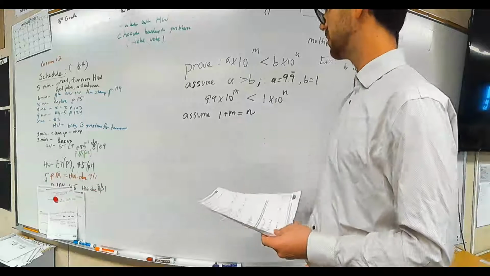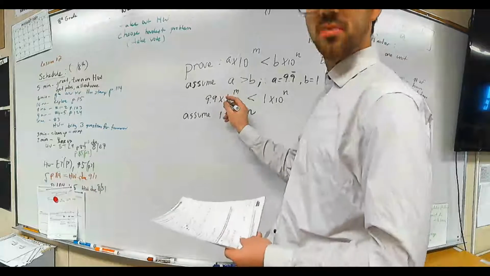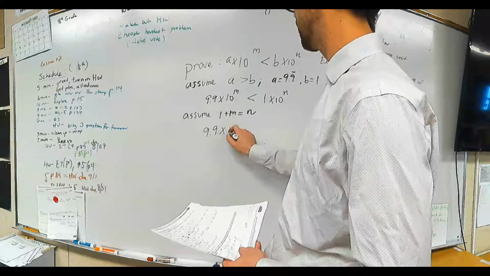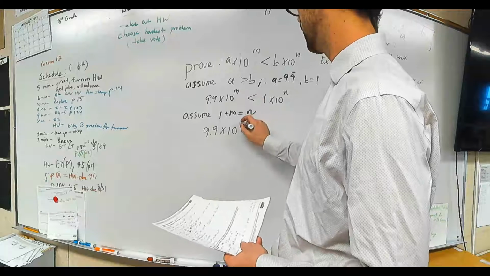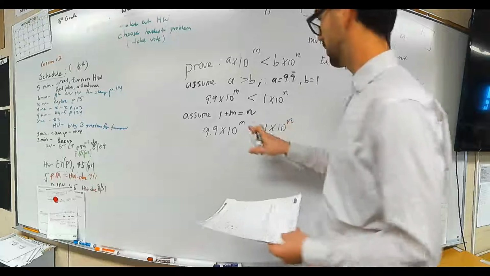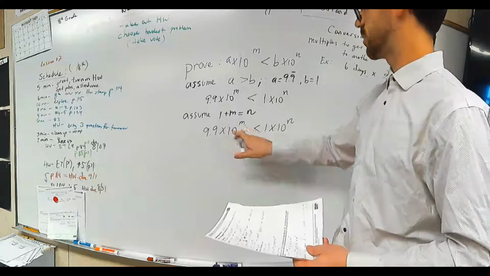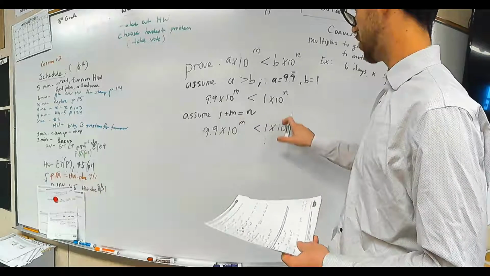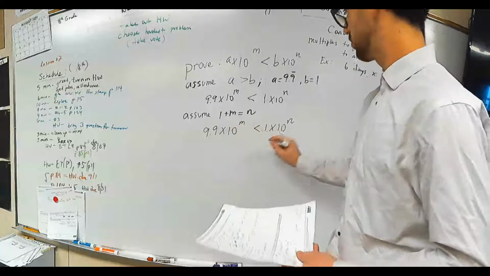Let's assume this. That means, so let's modify our proof again. 9.9 times 10 to the power of m less than 1 times 10 to the power of n, if this is the thing that we're assuming, m plus 1 is equal to n. Let's change n into this.